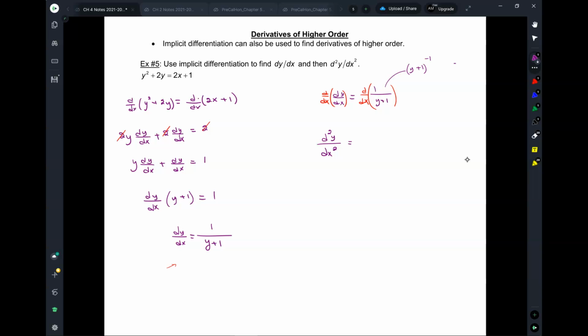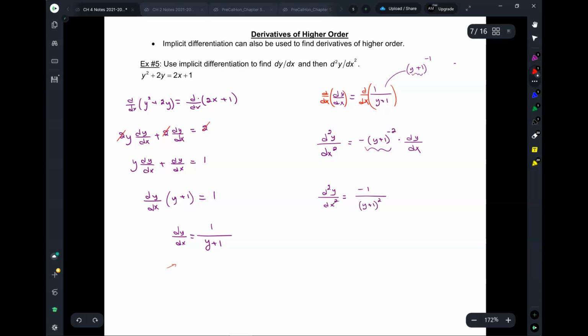Now we take a derivative of that, and it's negative (y plus 1) to the negative 2 times the derivative of the inside, which is dy/dx. So d squared y over dx squared is equal to negative 1 over (y plus 1) squared, right?